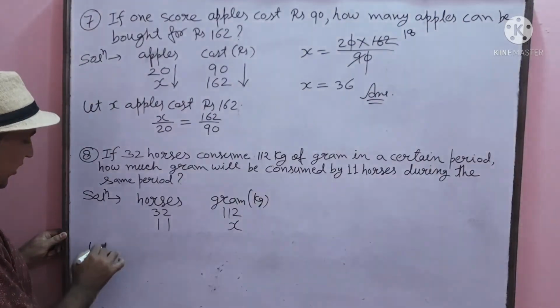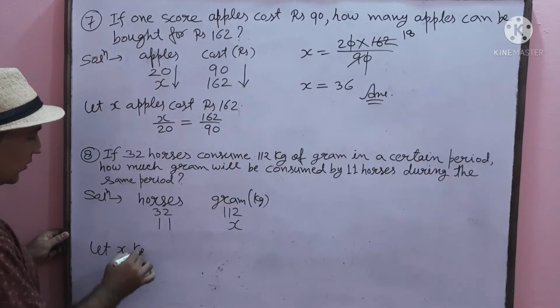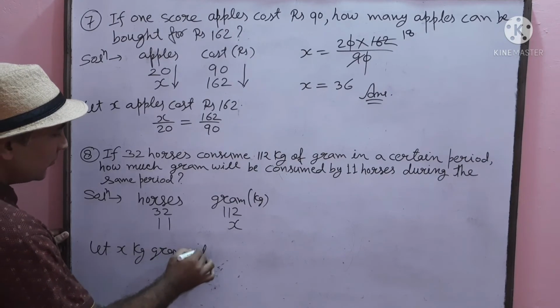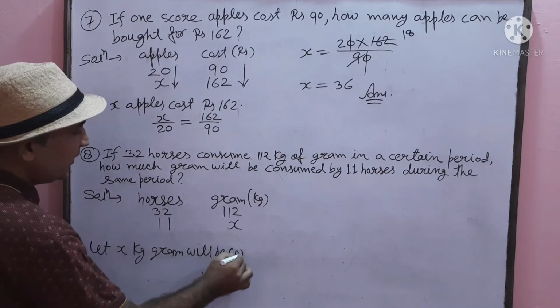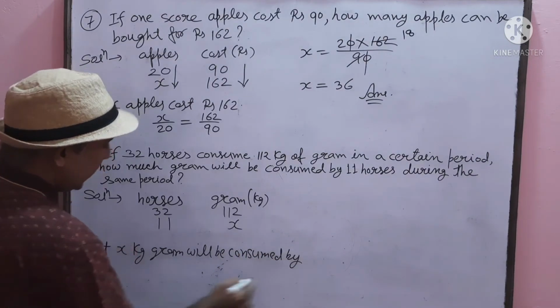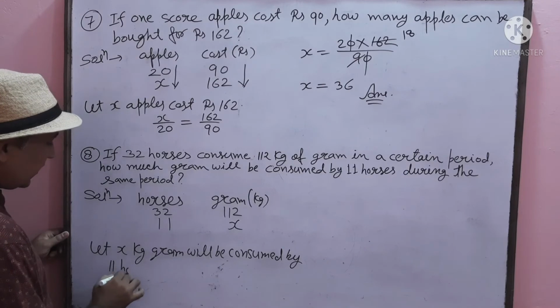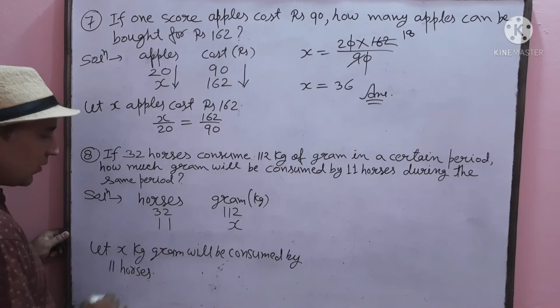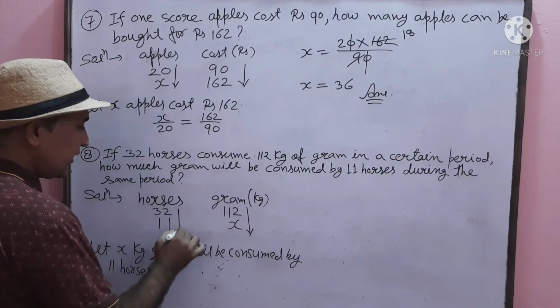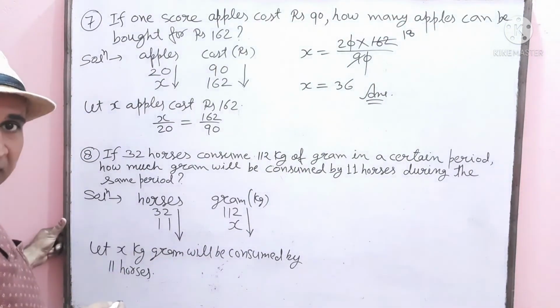How will you write the statement? Let X kg will be consumed by 11 horses. Okay, put this symbol so that you can understand there is direct variation.